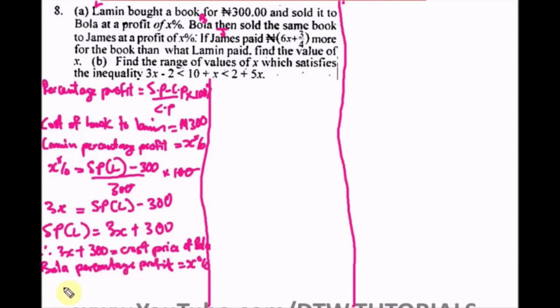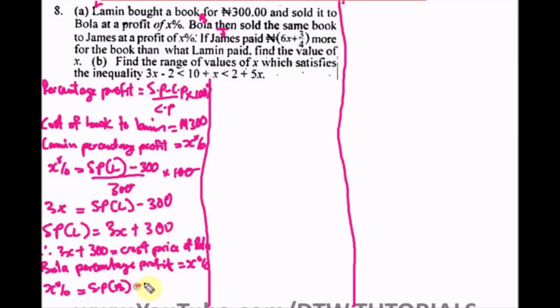Okay, so let us now look for Bola's selling price. Now we put values into this our formula. So what do we have here? The percentage profit will be x percent equal to our selling price, that's what we are looking for. So selling price of Bola is what we are looking for. And cost price, we've known Bola's cost price to be 3x plus 300.